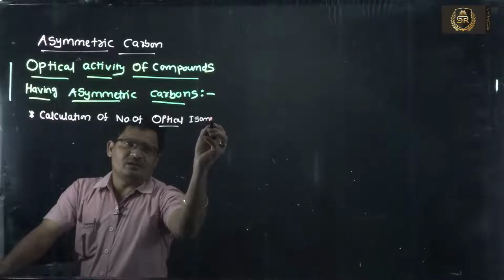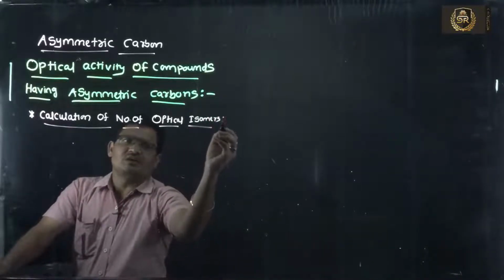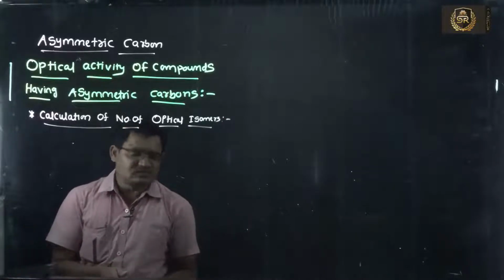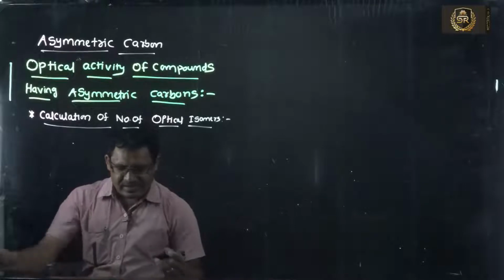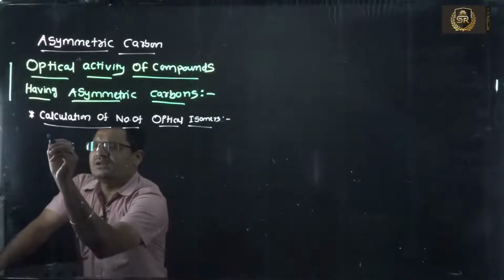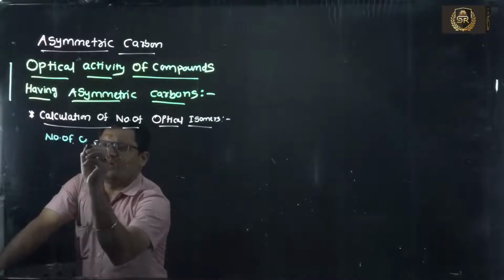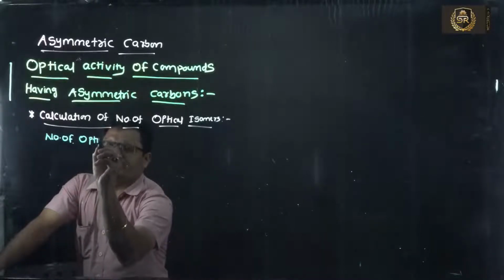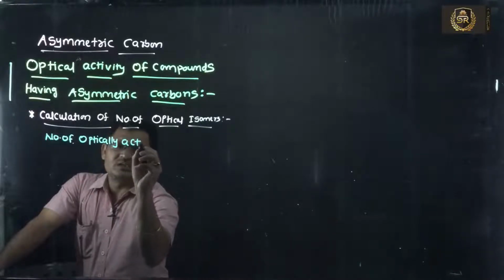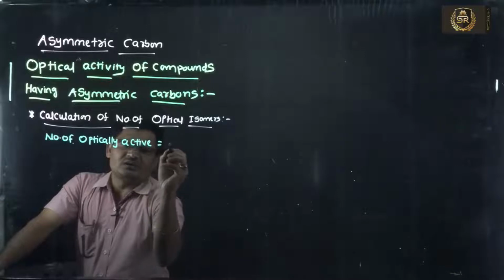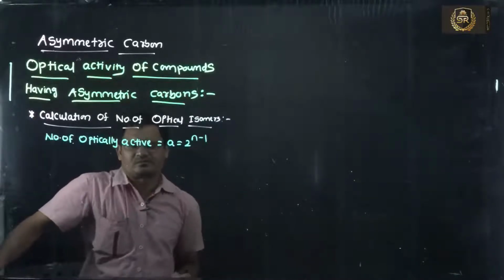So now, calculation of the number of optical isomers. Here a few formulas are there. The first one is the optically active form. The number of optically active forms, A, equals 2 power n minus 1.